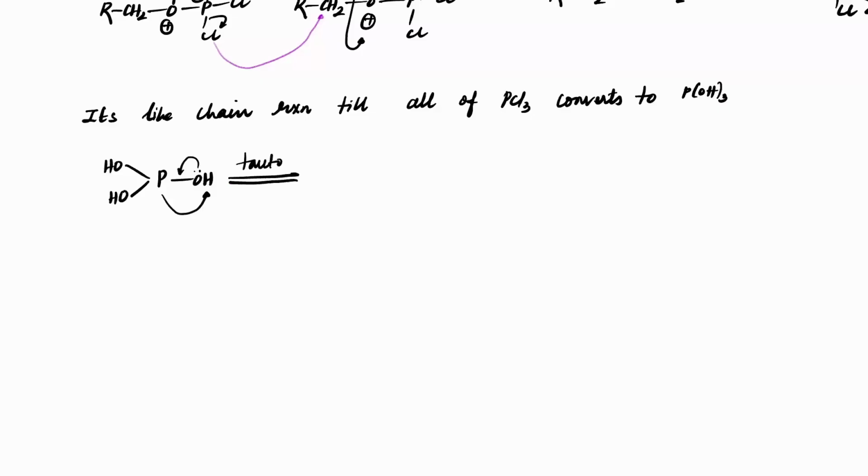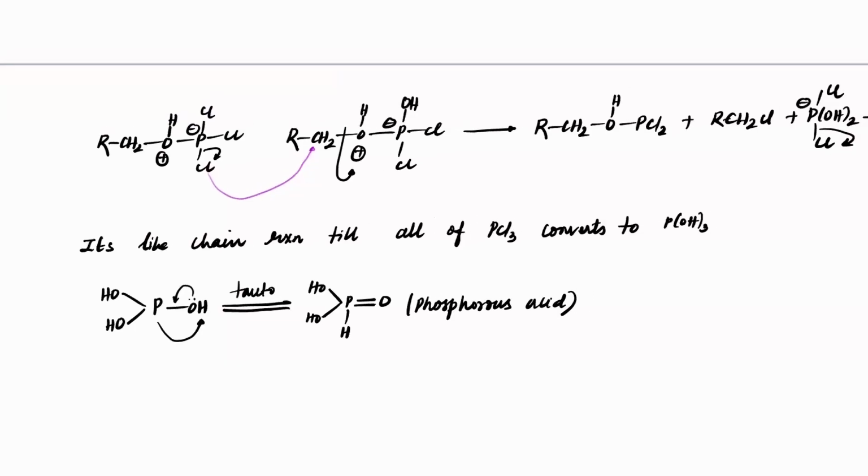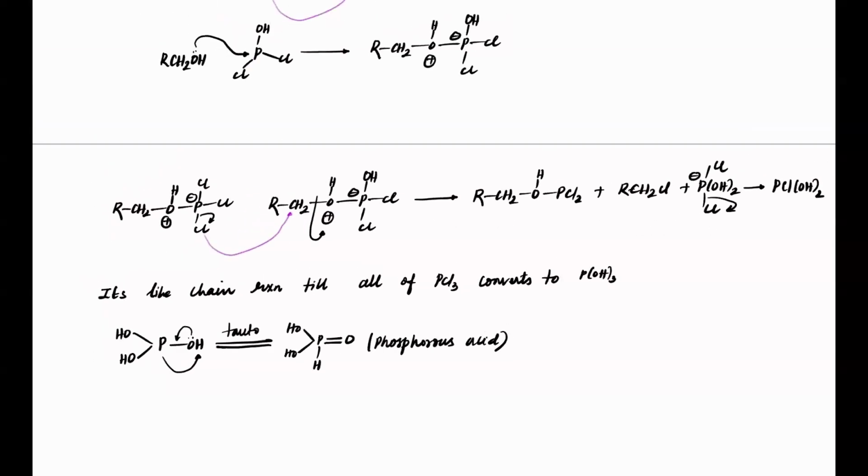So it will undergo tautomerization to get OH, OH and P double bond O and H. Sorry, like this. So this is phosphorus acid. It will form phosphorus acid. All okay? Please check.